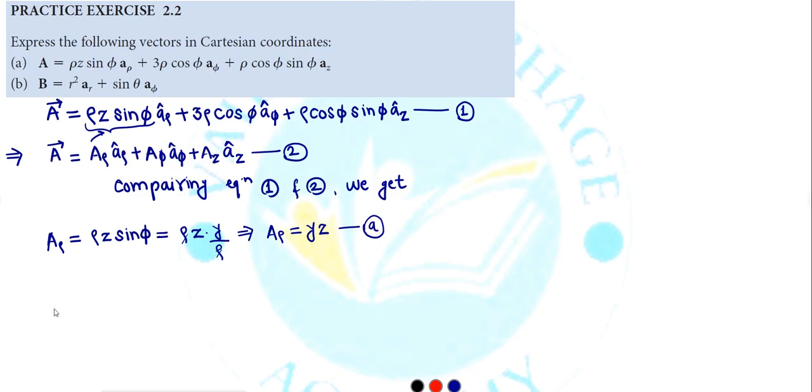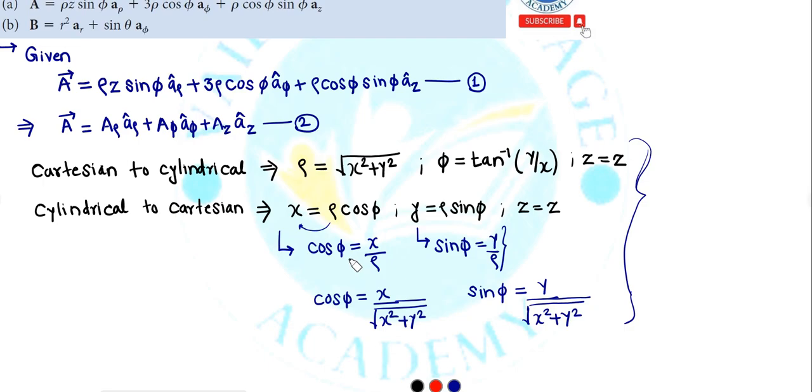In similar fashion, we compare A phi from equation 2 with A phi from equation 1. What value do we find for A phi? For now we have 3 times rho cos phi. We keep the 3 as it is, this rho as it is, and from the previous slide cos phi equals x upon rho.